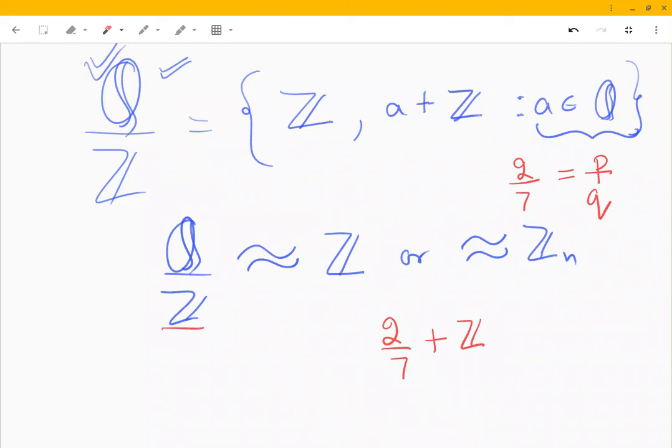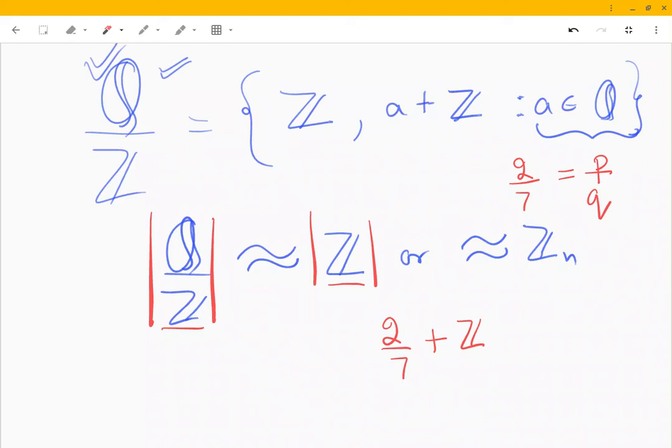Okay, see, for isomorphism, how do we know if they are isomorphic or not? The first thing we should do is check the cardinality of these two sets. If the cardinality is different, then they cannot be isomorphic, right?